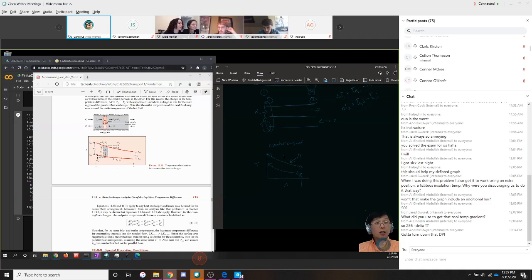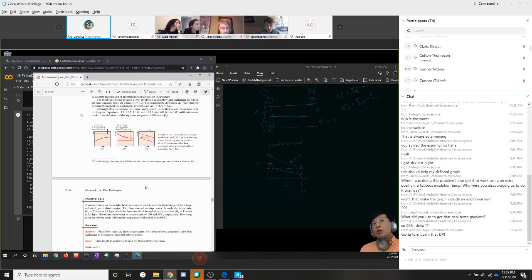Notice the interesting thing that happens there: the outlet of the stream that you have cooled down can actually be lower than the temperature of the cold stream after it has left, right? And it's pretty obvious. You'll notice here there's a bigger delta T on average overall. Okay. Any questions about this? This is fairly straightforward. Okay.